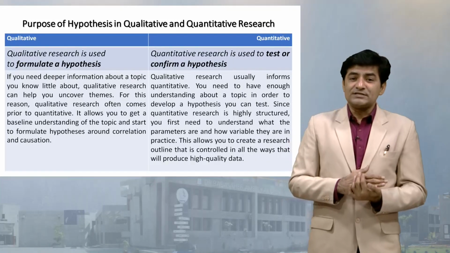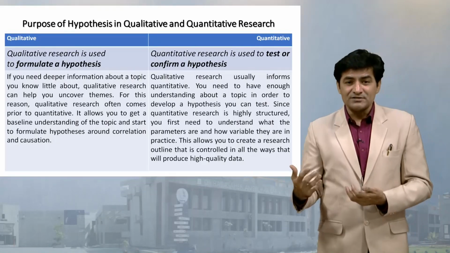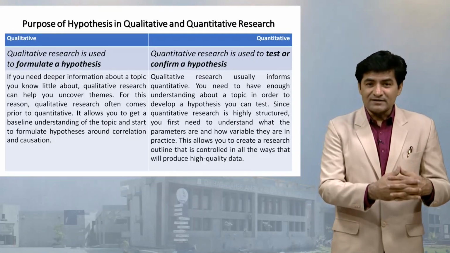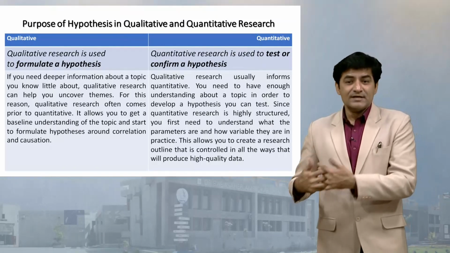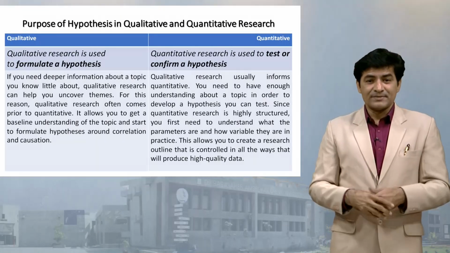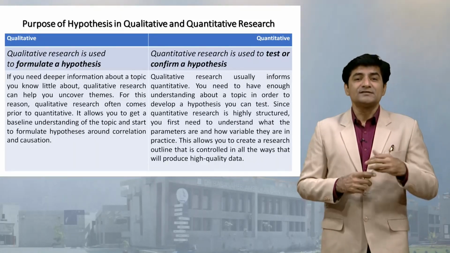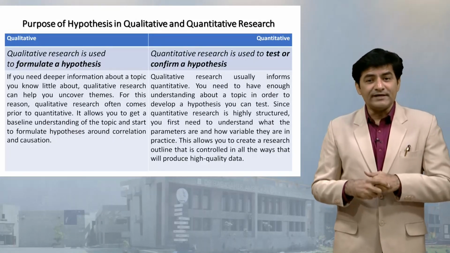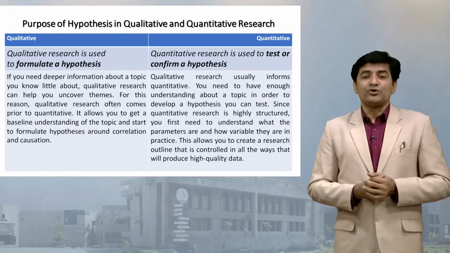Since quantitative research is highly structured, you first need to understand what the parameters are and what variables they are in practice. This allows you to create a research outline that is controlled in all the ways that will produce high quality data.